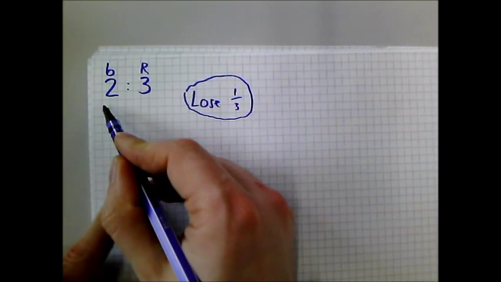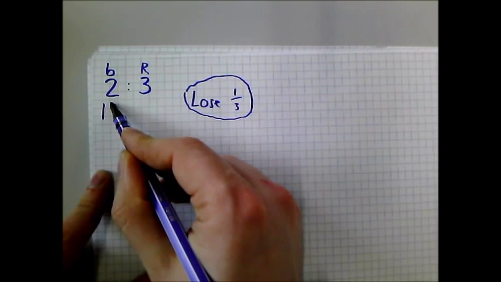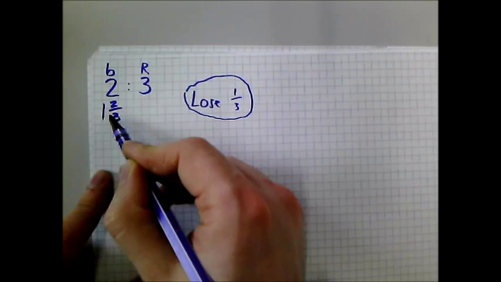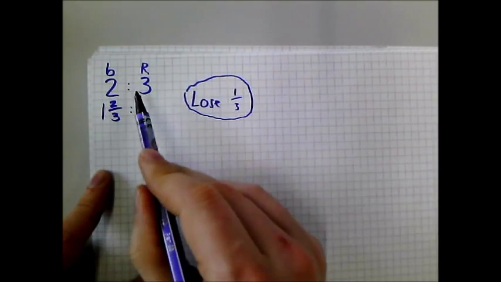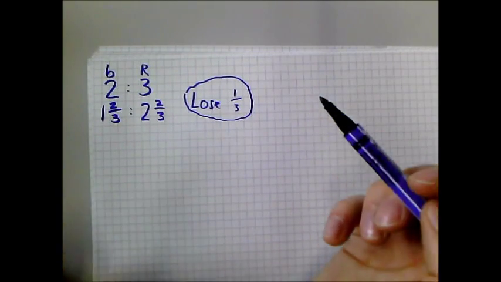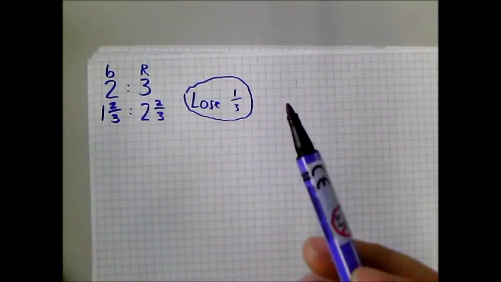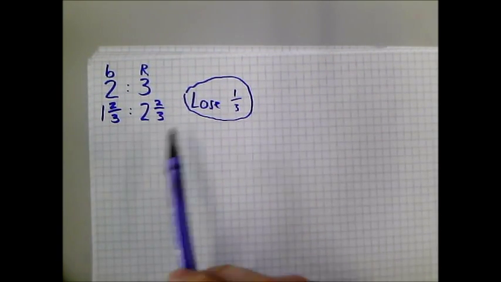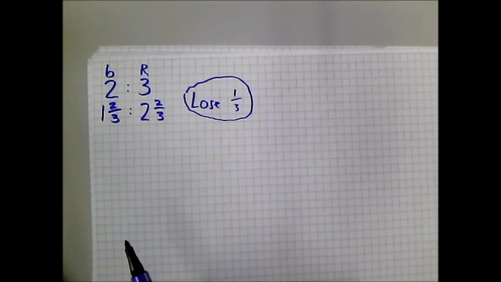So I'm going to have 1 and 2/3 left over. And here I'm going to have 2 and 2/3 left over. Okay, so I'm basically just doing what the question's asked me to do.